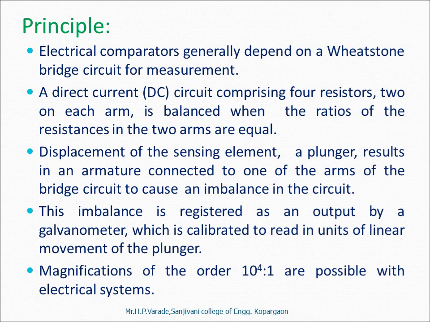So, the basic principle of working is mutual inductance, which states that when the core is inserted in a magnetic field generated by the primary windings, the voltage induced in the secondary windings is proportional to the core position. This is the basic principle of an electrical comparator.